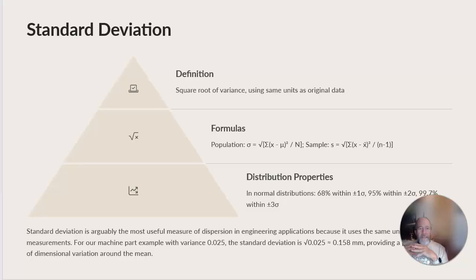Okay, it isn't that much different. It's simply the square root. Now, the reason this is important is because it's actually in the same units as the mean. So why do we use standard deviation?